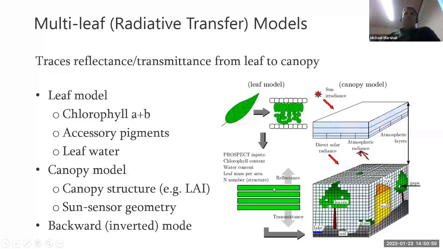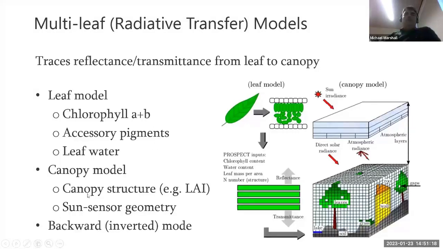And then these leaves are essentially scaled over several leaves, and then eventually with the canopy model over the entire canopy. And so the canopy part deals with structure. The leaf part deals with the chemical side of photosynthesis and light use efficiency.